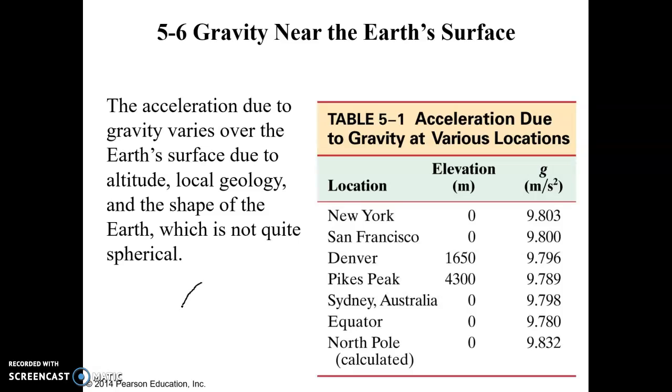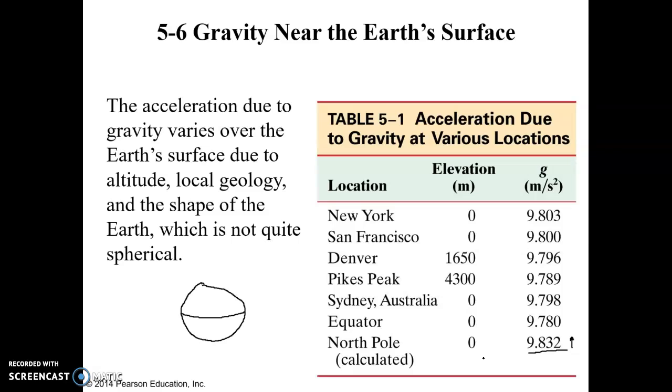So we can see here from this chart, the Earth isn't perfectly a sphere. The Earth kind of bulges at its center. That's a horrible drawing, but the equator is a little bit wider than the distance from pole to pole. And that is in evidence here because at the North Pole, for instance, it's 9.832, that's higher than the 9.80 we're used to using.